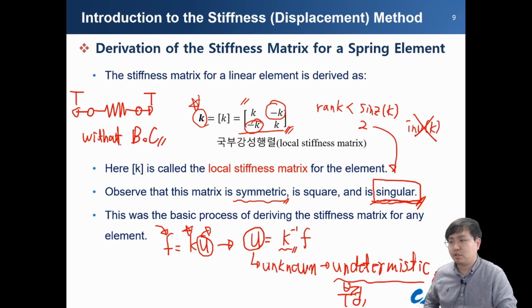What is the boundary condition? Sometimes we say that u1 must be equal to 0. Without that kind of boundary condition, it is hard to say that this spring element is in a stopped condition. This spring element always moves without any acceleration, because these forces are in equilibrium. That means total acceleration is always equal to 0.